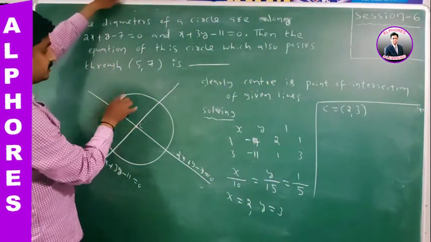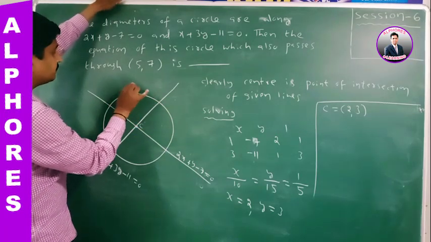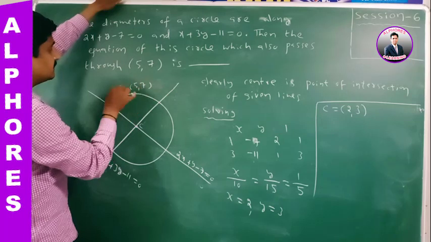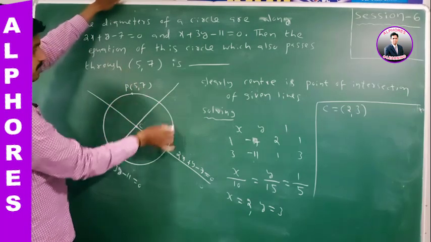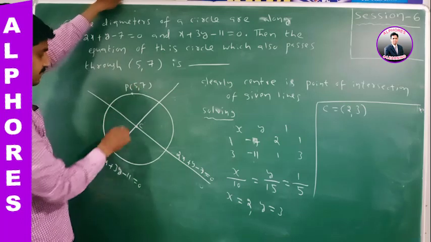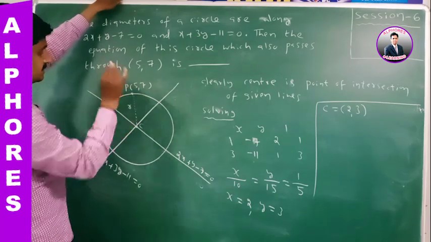Next, the required circle also passes through the point P (5, 7). The distance from the center to P is the radius of the circle.